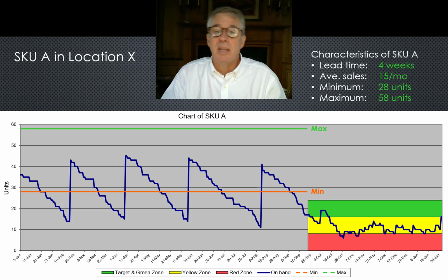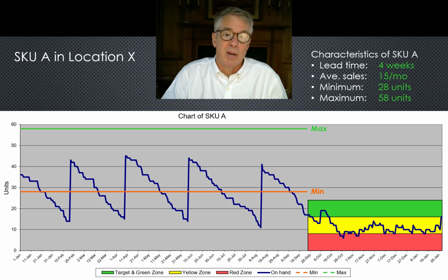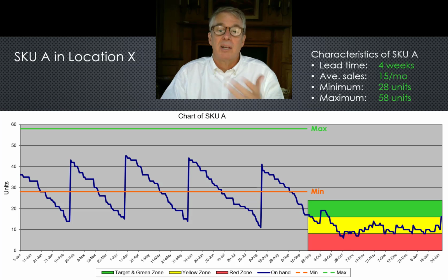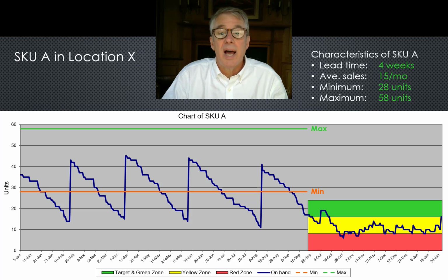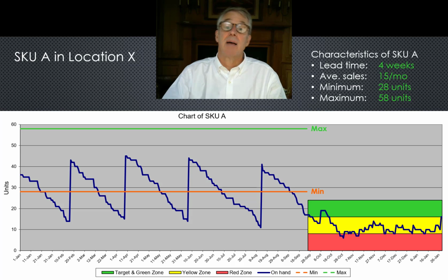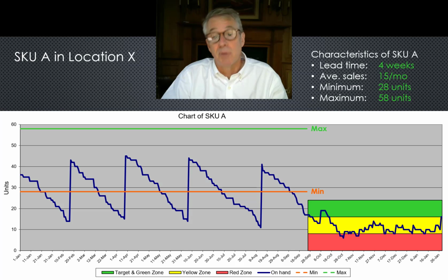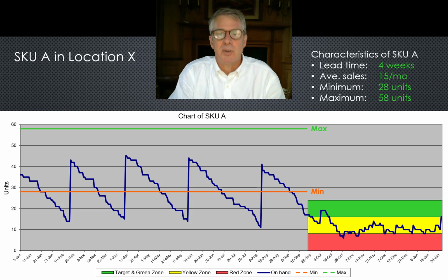By the way, neither model ever gets close to running out, but our way cuts the average investment from 29 units to 11. That's over a 60% reduction in the case of SKU A. Multiply the savings times thousands of products to make it impressive. How would you like to drop your inventory in half and have all that cash flood back into your checking account?